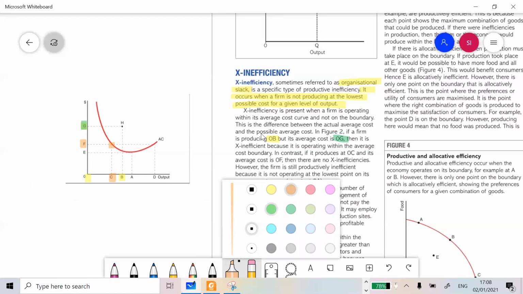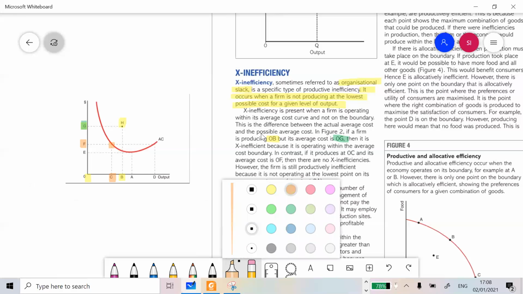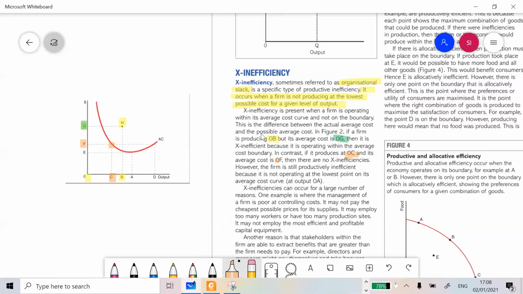But the previous one, which I was showing you, that is this point, they are not producing on the average cost curve. In contrast, if it produces at 0C and its average cost of 0F, then there is no X inefficiency. So here there is no X inefficiency, but over here, yes, there is X inefficiency.